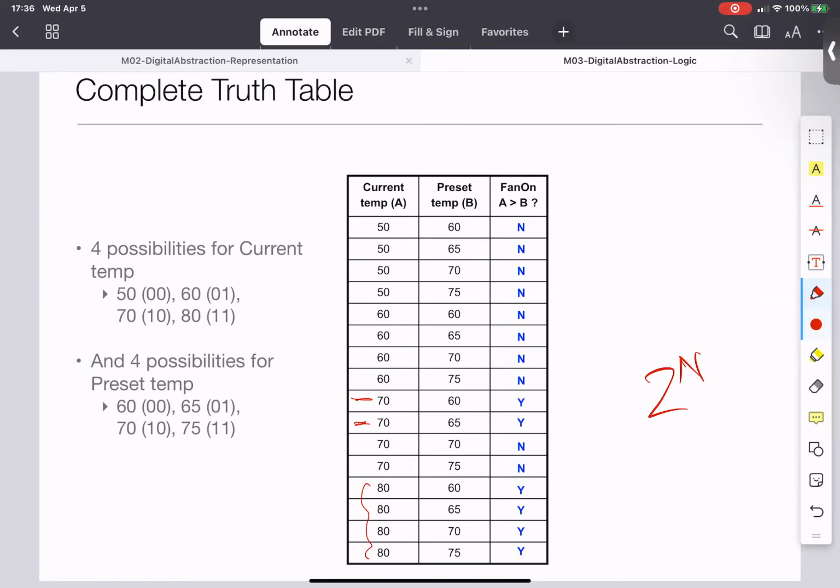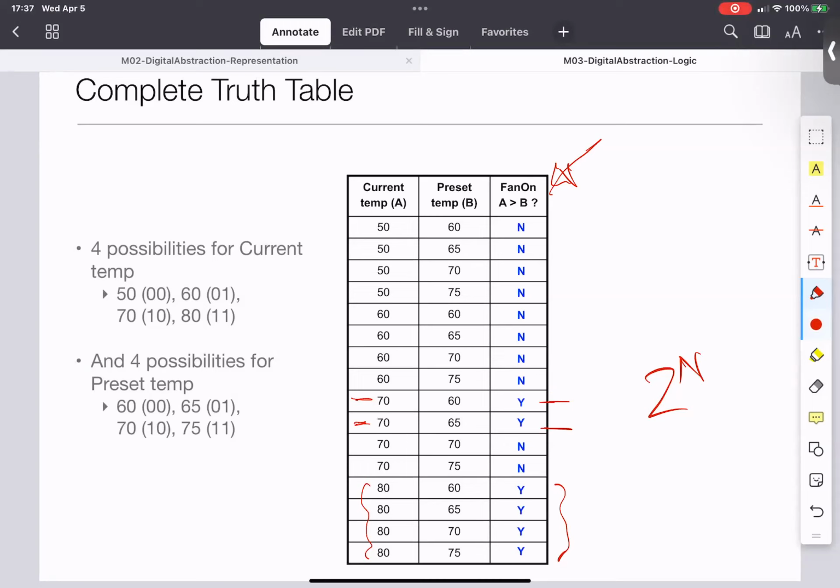Okay. Let me ask you another question. In this problem, the output column, y is here, and these 4 are y, right? So there's one particular output column. But let's say I were to modify this policy and say, if current temperature is greater than or equal to preset temperature, then turn the fan on, right?